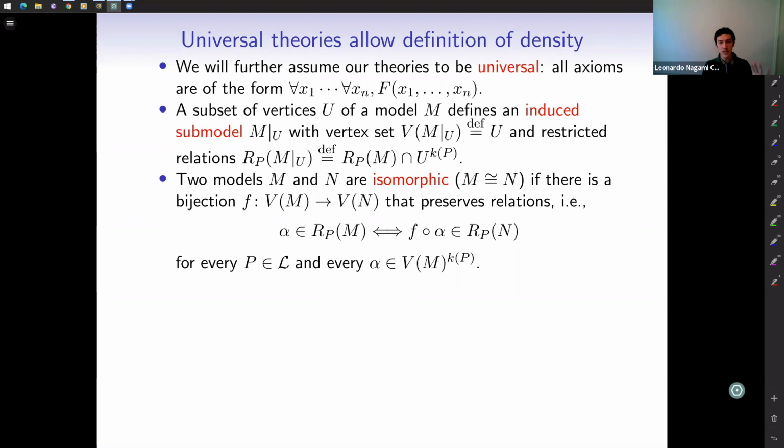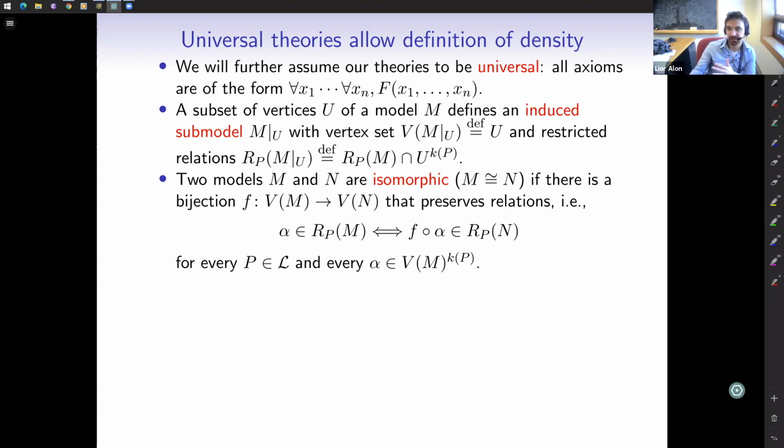Where do you see here the preservation of adjacency? Oh yeah, in the case of graphs, we have a single predicate symbol. Say P here was our E, that was the adjacency. This is saying a certain tuple, in our case a pair, is adjacent in the first graph if and only if, when you compose with the function f, they are adjacent in the graph N. It's if and only if, so it's preserving both adjacency and non-adjacency.